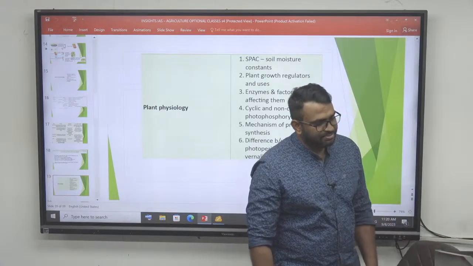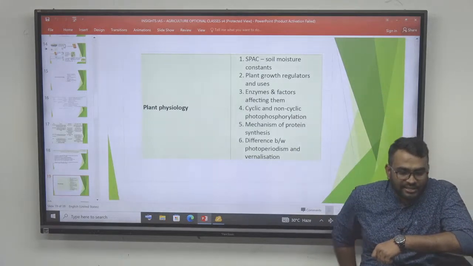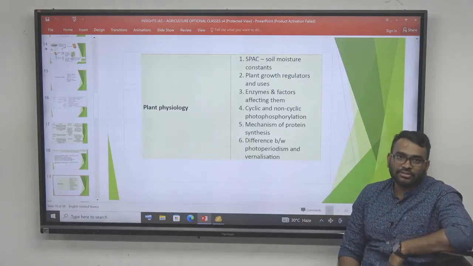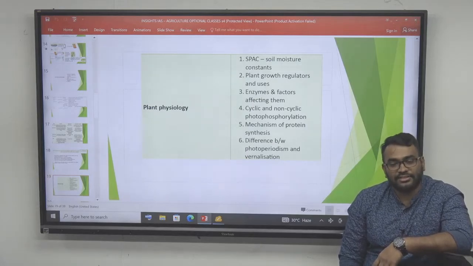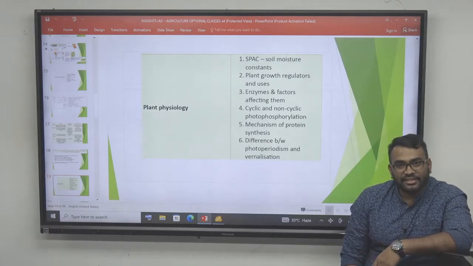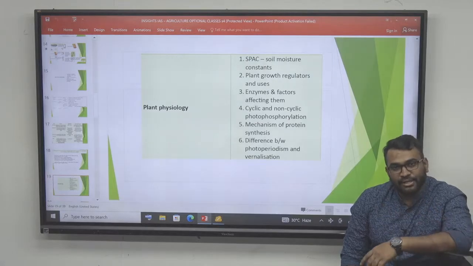So first one is SPAC, that is soil plant atmospheric continuum. This is again a very important topic, having interlinkages with soil science also, right? In soil science, we read about soil moisture constants. Especially we focus mainly on soil moisture aggregates, why there is soil moisture crisis, all those things we'll be looking into.